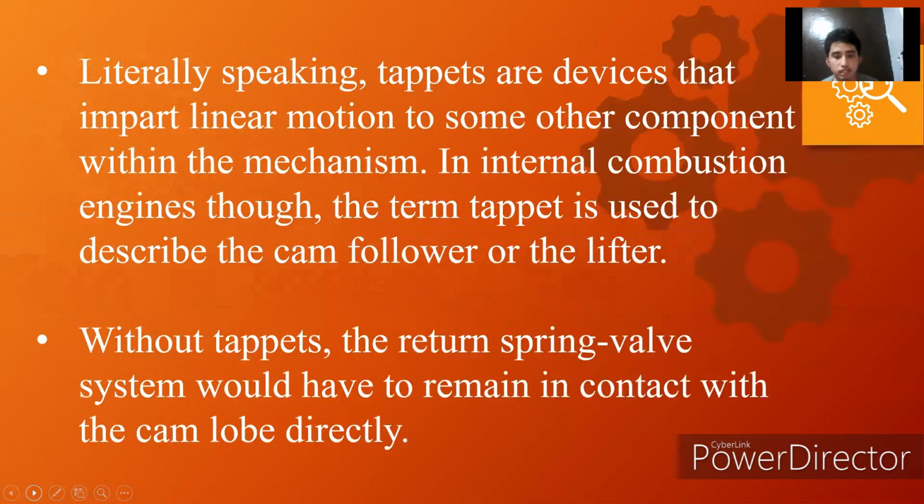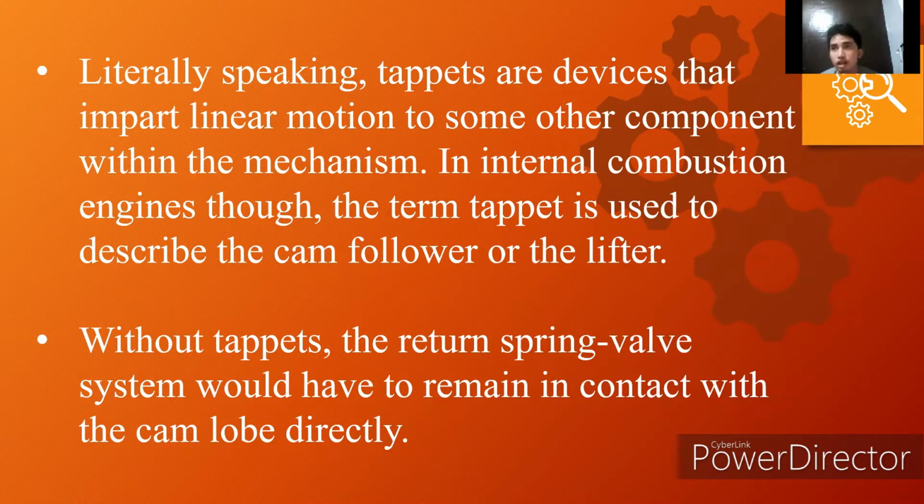Okay. Next slide. So, literally speaking, ang tappets ang nagko-convert ng rotation into linear motion sa loob ng mechanism. Basically, ito yung lifter or valve lifter sa valve operating mechanism.